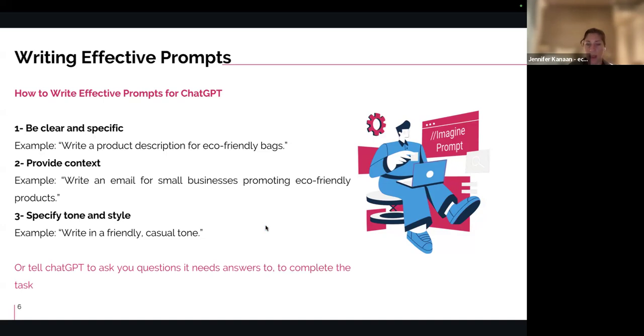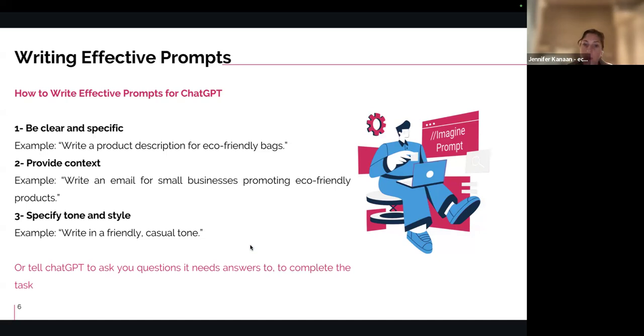So my way of avoiding thinking about all of these things when I'm specifying what I want, and not having to write a huge prompt, is that I would say something like, write the product description for eco-friendly bags, and then I would include after it, ask me up to 10 or 20 questions, no matter how many questions you want, that help you.